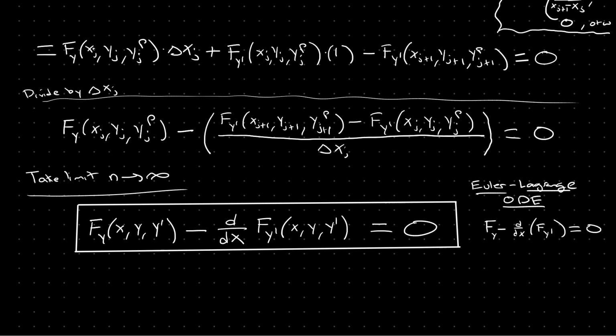This ended up giving us the solution to the brachistochrone problem. But what I'd like to do is relate this ODE that we've obtained right here, the Euler-Lagrange ODE, to the method 1 ODE that we got.